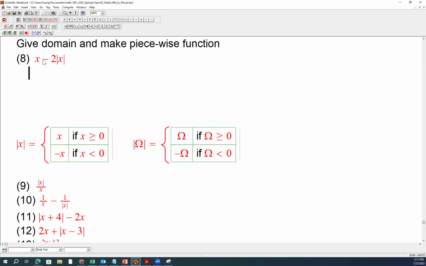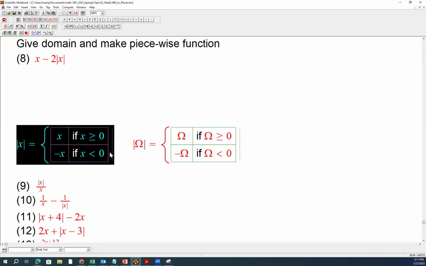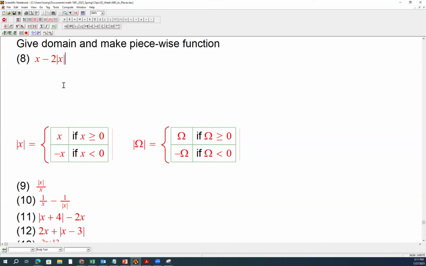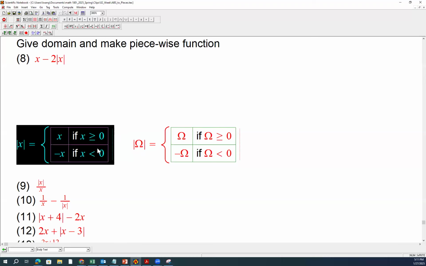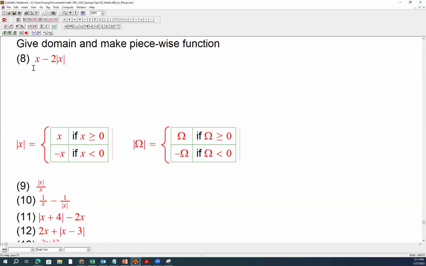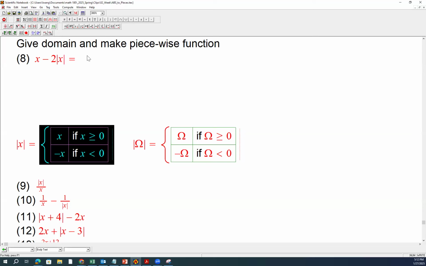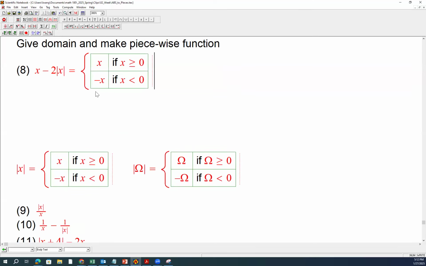Okay. So here we have x minus 2 times the absolute value of x, right? So the absolute value of x is expressed in 2 pieces. So what we can do is that we will take this piece. Okay, let's go this way. We're gonna make this into 2 pieces, like this.